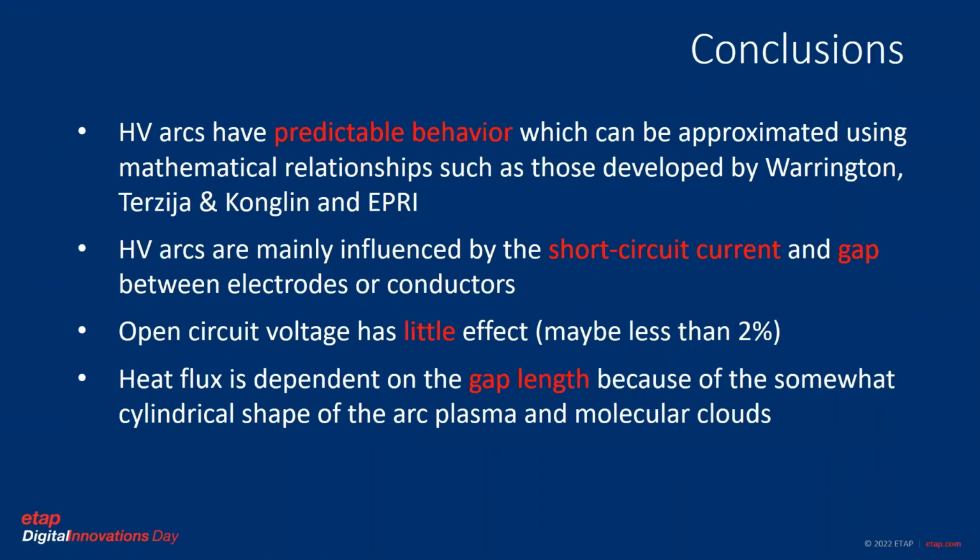To conclude, we've seen that high voltage arcs have predictable behavior, and such behavior can be approximated using mathematical relationships such as those developed by Warrington, Terzija, and Conglin, and also published in research work by EPRI and Bonneville Power and others. We also observed that high voltage arcs are mainly influenced by short circuit current and gap, which is the gap between the electrodes or conductors.